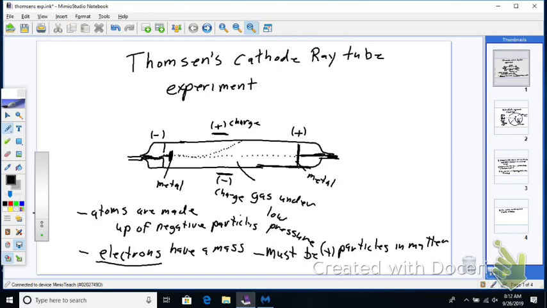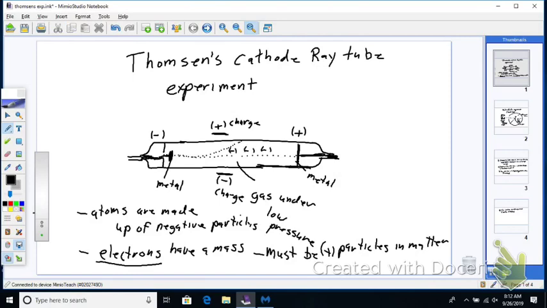So, like I said yesterday, we talked about the Thomson cathode ray tube experiment. We had some experiments up here that showed what that would look like. These are actually particles that are traveling through, and they're negatively charged.